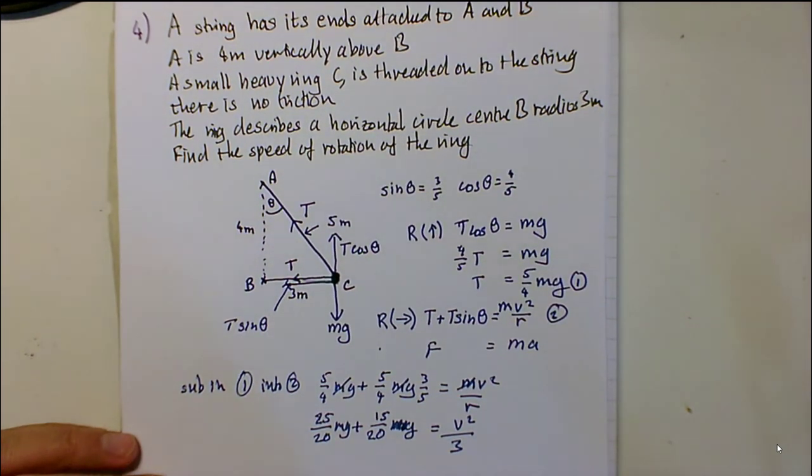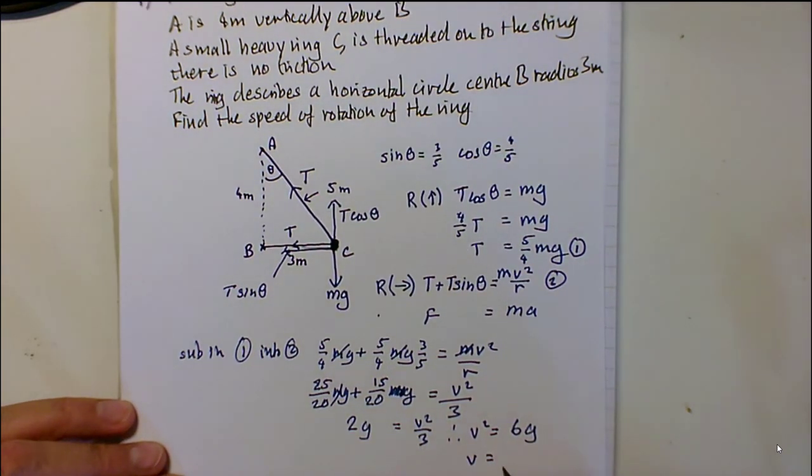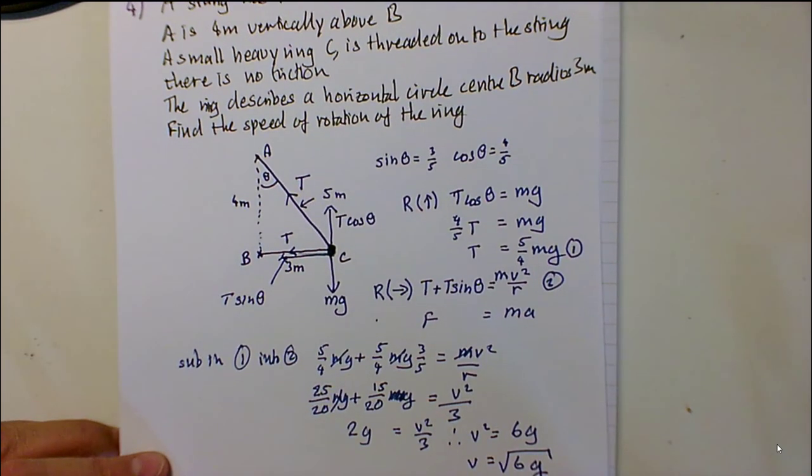This is now quite easy. 25/20 plus 15/20 is 40/20. 2g. 2g is v squared over 3. Therefore, v squared equals 6g. V equals the square root of 6g.